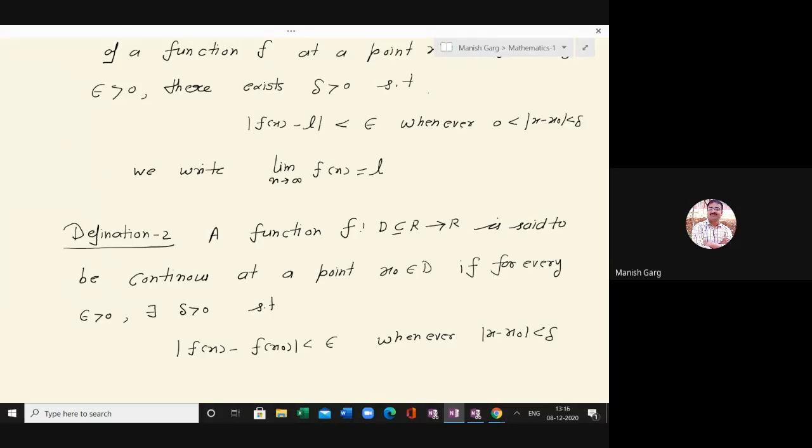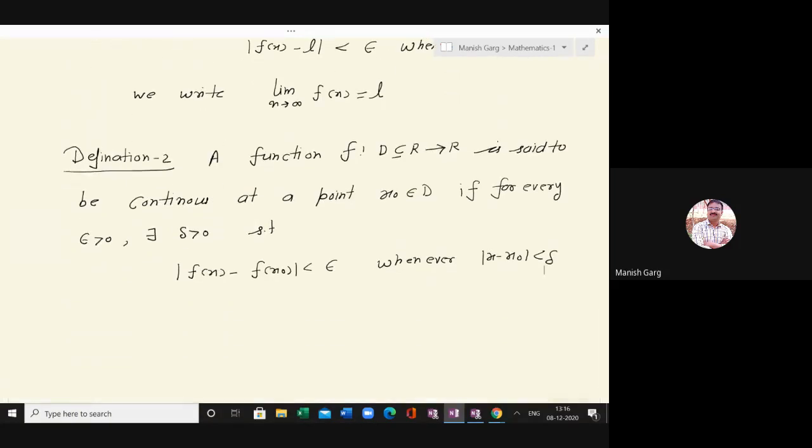So if f is continuous at x naught, then the limit will be the value of the function at that point. If f is continuous at x naught, then L is equal to f(x naught).